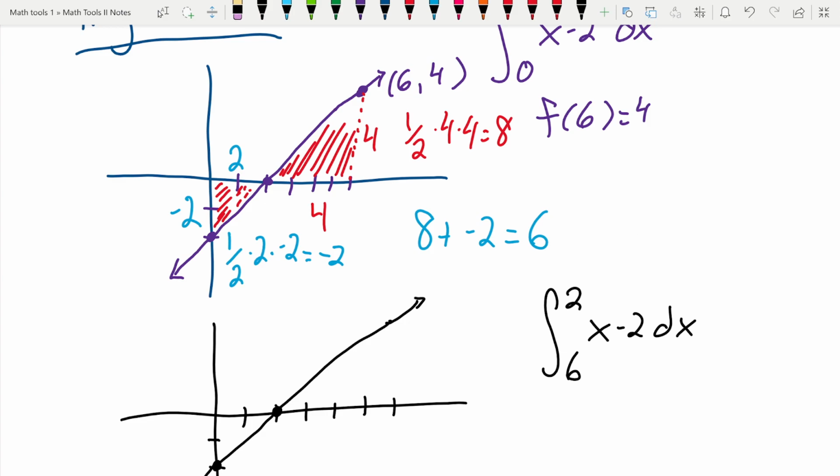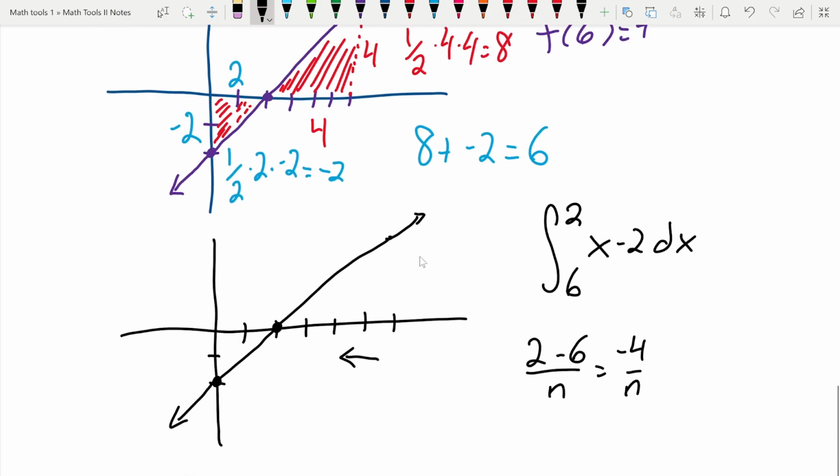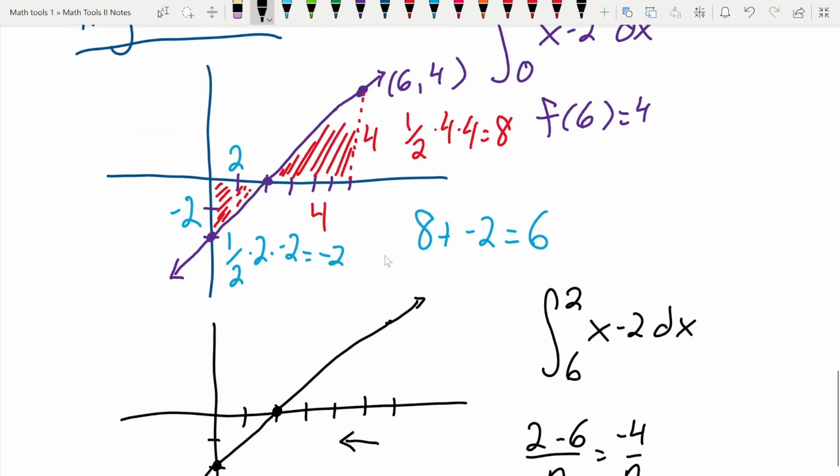When we're defining our width, we're going in this direction, which is the opposite of what we normally do. So the width here is b minus a, and b in this case is 2, so the width is going to be 2 minus 6. If we were making the rectangles, it would be 2 minus 6 over n, which is -4 over n. So now the width is negative.